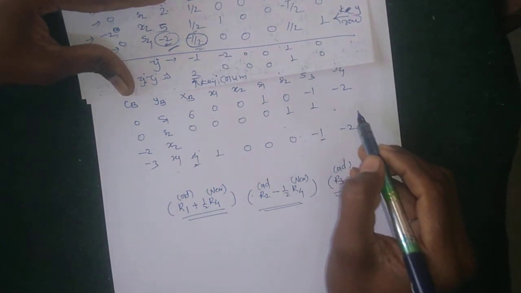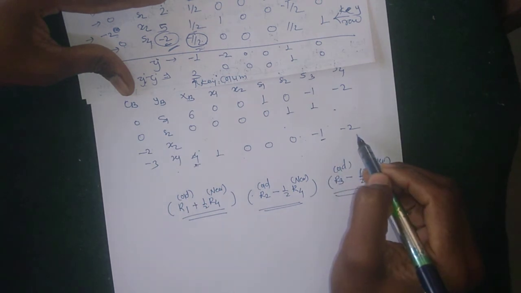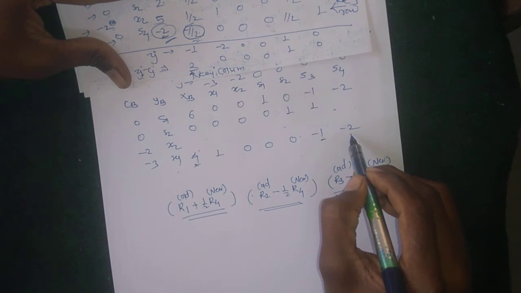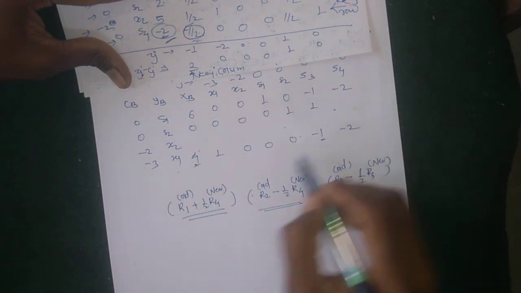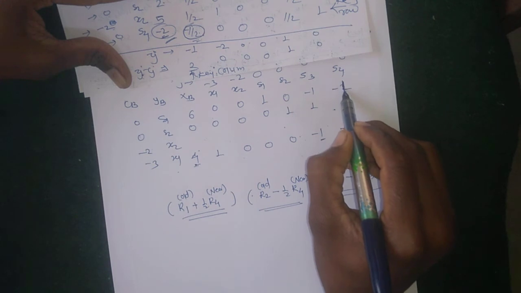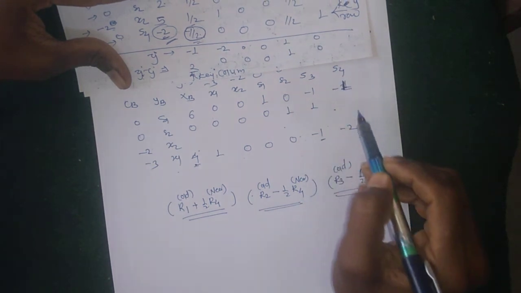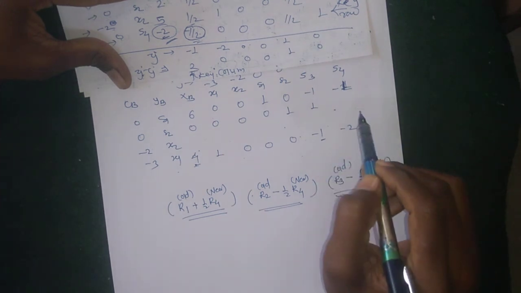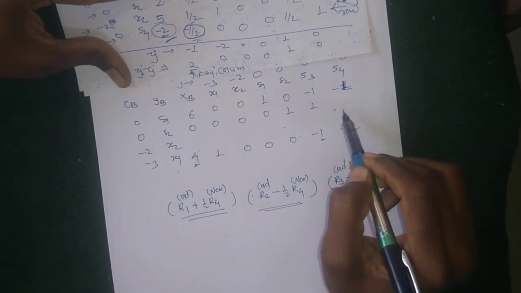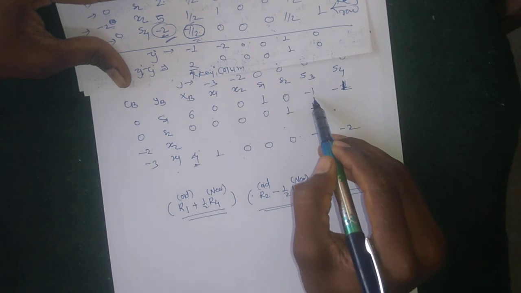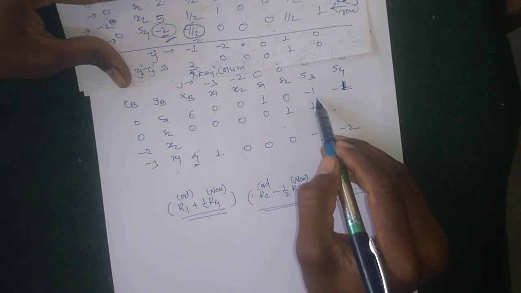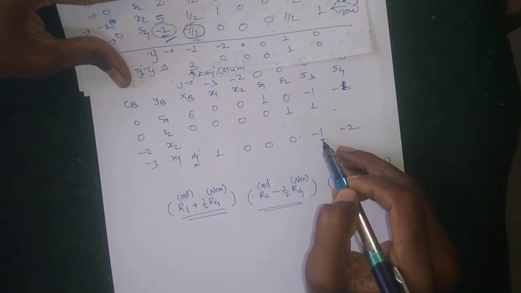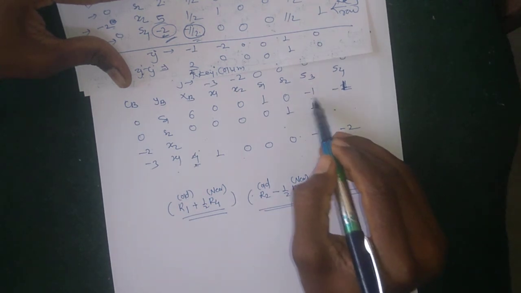Then 0 minus 2, sorry, here the remaining R1 plus 1 by 2 R4. So here take the minus 1 value: 0 minus 1 is minus 1. Here also minus 1 by 2, minus 1 by 2 is minus 1.